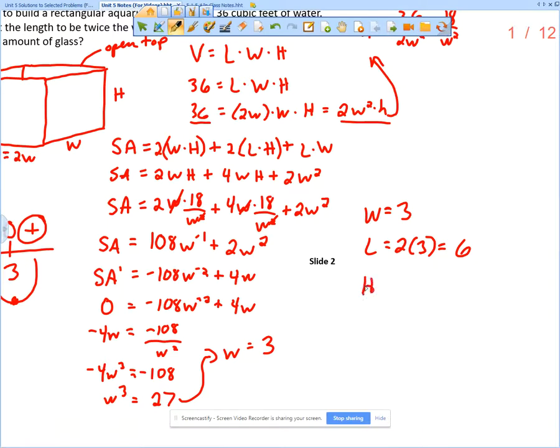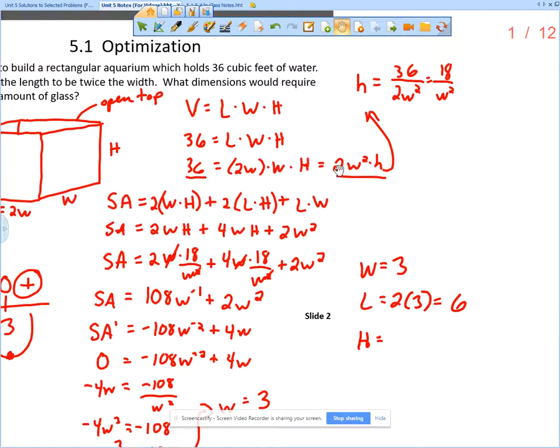And what is H? Looking back up here, H is equal to 18 over W squared. So H is 18 over 3 squared, or 18 over 9, so 2. The dimensions would be 3 feet by 6 feet in width and length, and a height of 2 feet.